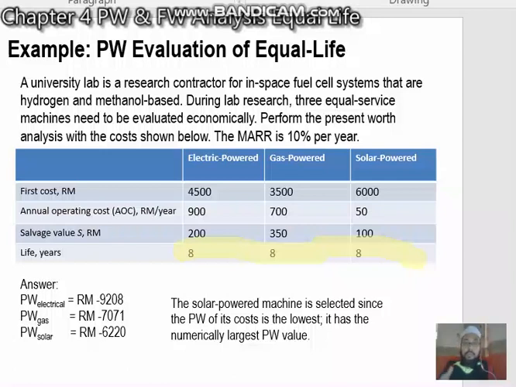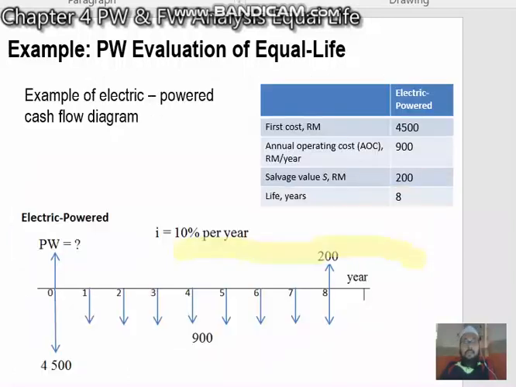So again, the same approach. We have to develop the cash flow diagram for each alternative. Here we have 3, so we have to develop a cash flow diagram for electrical power, a cash flow diagram for gas power, and a cash flow diagram for solar power. I'll give one example of electrical power.